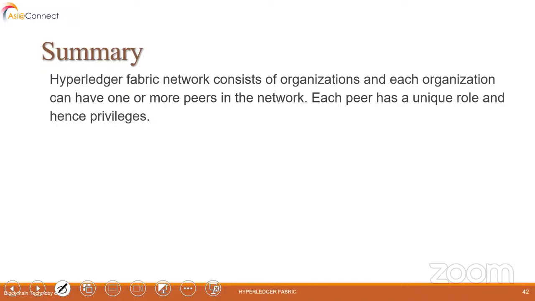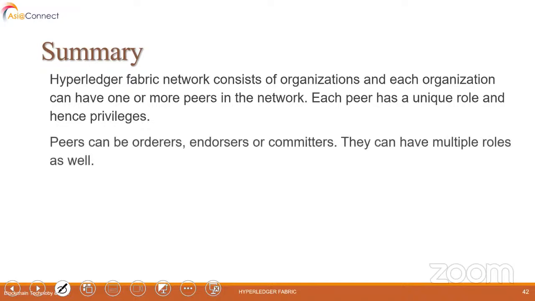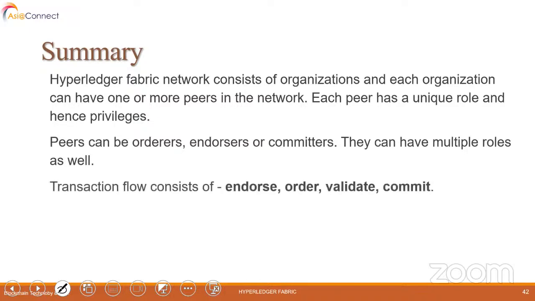This can be this network as well. Each peer has a unique role and hence privileges to write on the database. Peers can be ordering peers, endorsing peers, or committing peers. They can have multiple roles as well. Like, as I told you, as a faculty I have a role to submit grades, but as a dean I can have other roles as well, right?